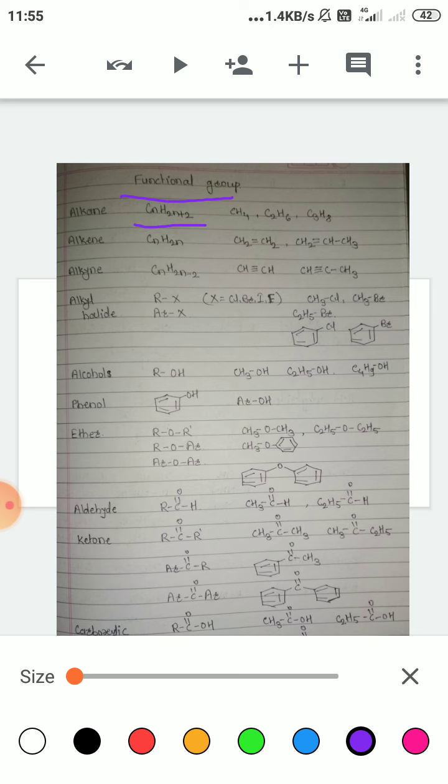Or we can simply say the group or atom which decides the characteristic property of a particular series is called a functional group.